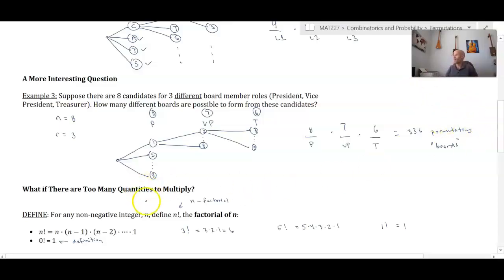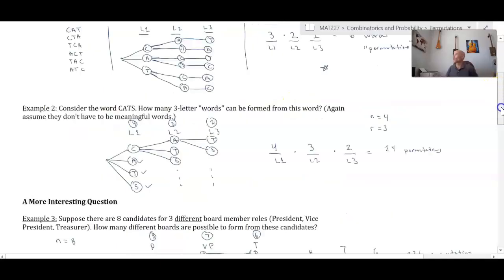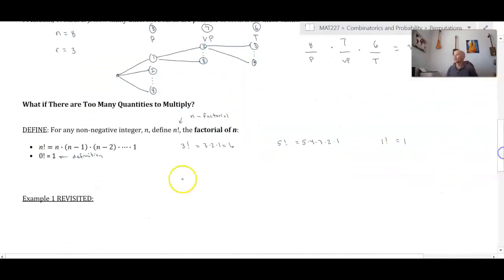All right, so we can obviously use this in some of what we've encountered already. At least in example 1, we had 3 times 2 times 1, which we could write as 3 factorial.